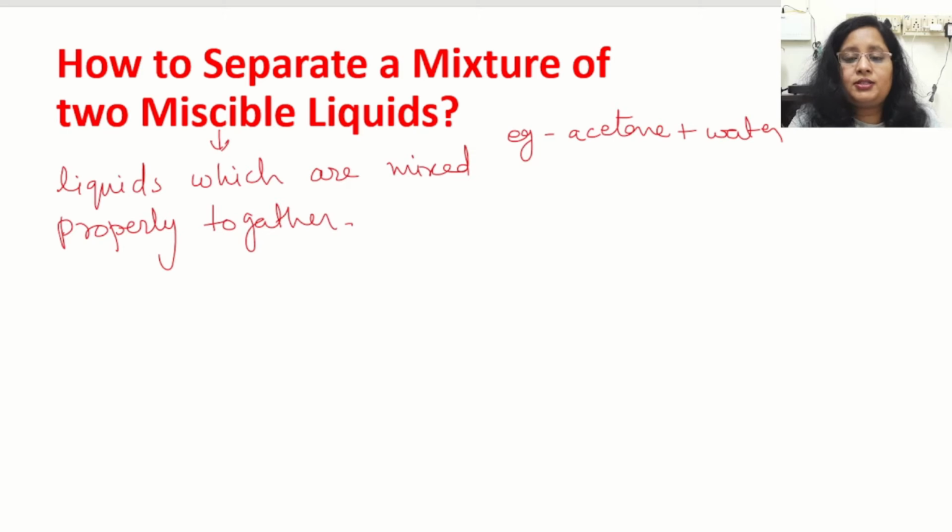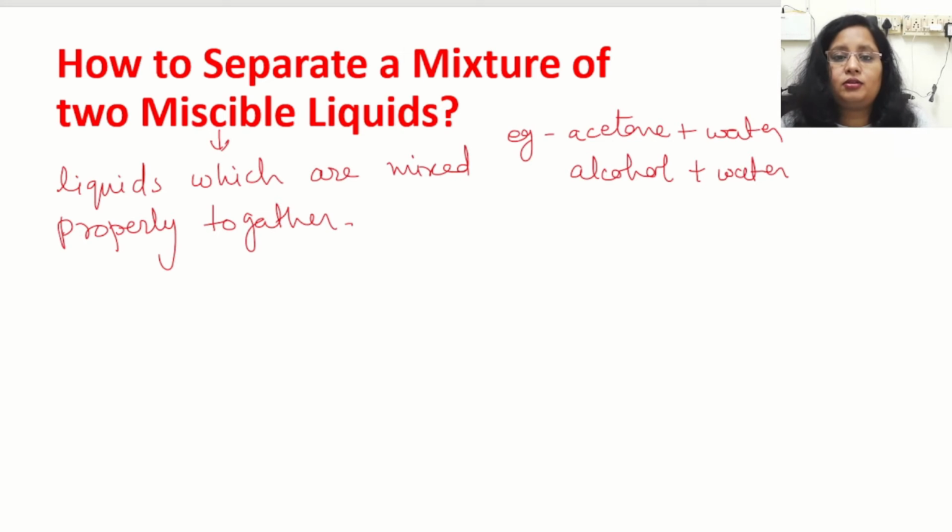One more example is alcohol and water. So if we have a mixture of acetone and water, how could we separate it? The main idea we are going to use is that acetone and water have different boiling points, and using this we can separate them using the distillation method.